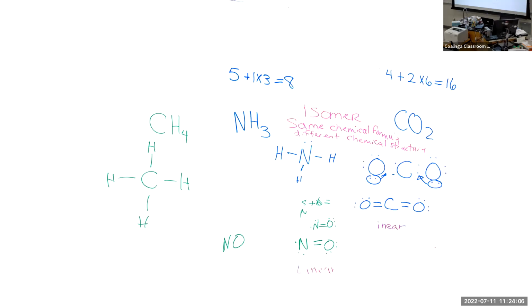Now, this guy, if you take a look at it, it looks like a little pyramid, doesn't it? Okay, we have what we call the molecular geometry, and then we have what we call electron pair geometry.